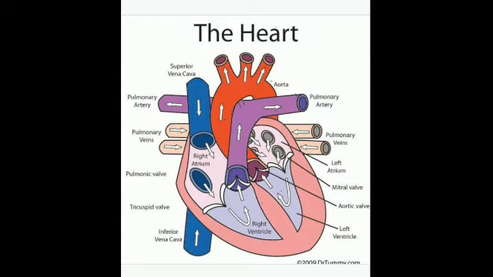That is, the right atrium receives the deoxygenated blood from the superior vena cava, which receives blood from the upper parts of the body, and the inferior vena cava, which is bringing the deoxygenated blood from the parts below the heart.